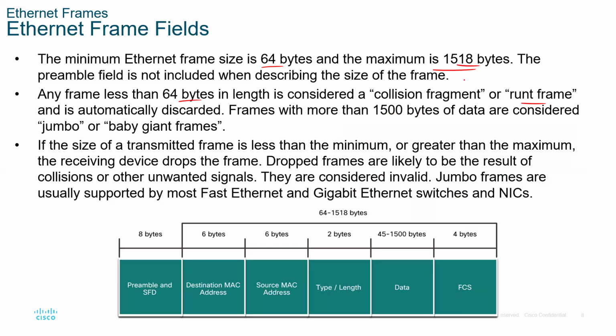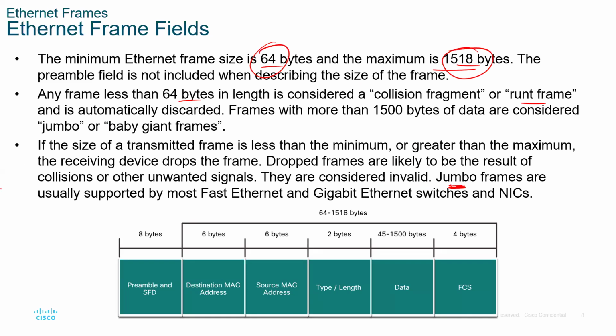And if a frame is more than 1518, it's called a giant. Here they call it a jumbo. And it needs to be dropped as well. So understanding these numbers, 64 and 1518, is very important.